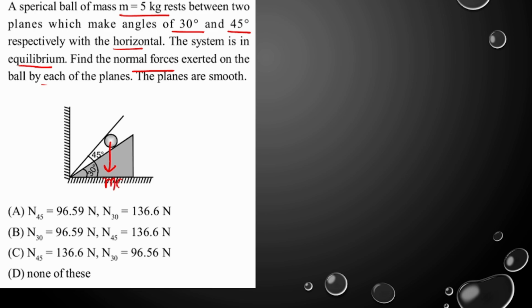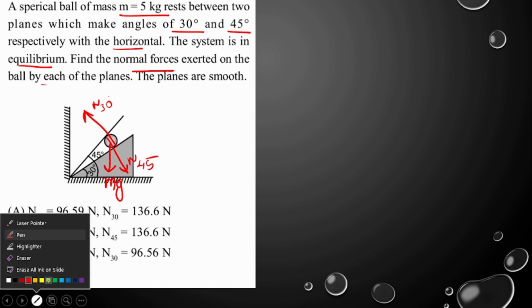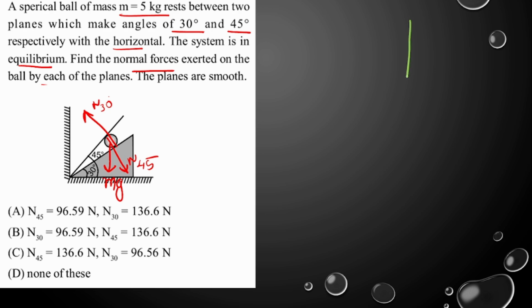So mg, and 30 and 45, representing all the vectors in a coordinate system.